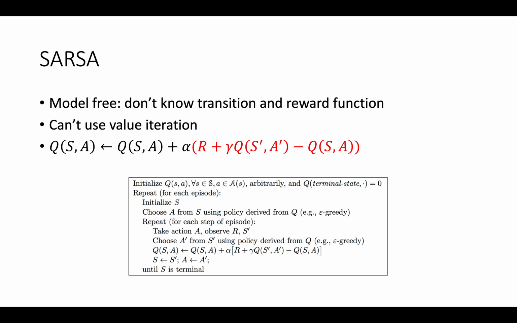So let's go over this algorithm. We first initialize the action value functions for all states and actions. It actually doesn't matter what we initialize it to, and then we set the action value function at the terminal state to be 0. And then we start with the state S and we choose A from S using a policy derived from Q. This is just going to be, we're going to pick the best action, and it says epsilon greedy.